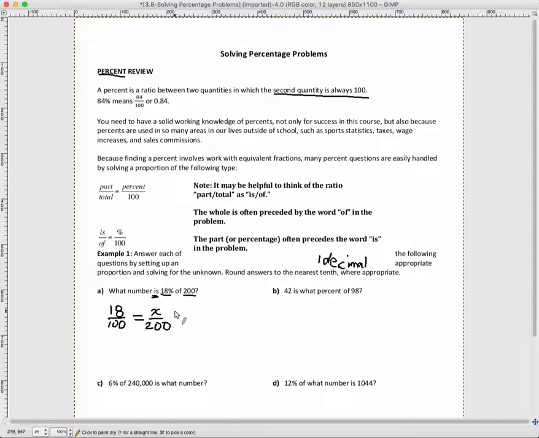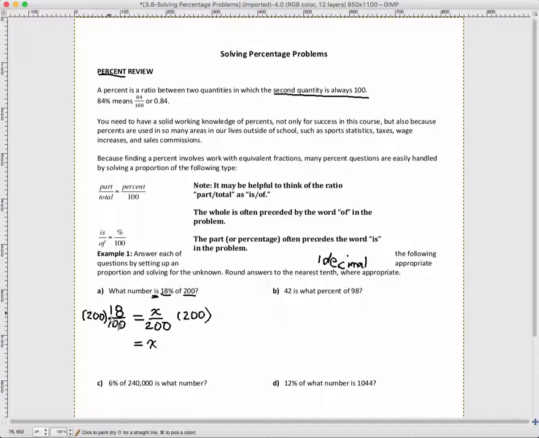Let's use our understanding of how to undo or reverse operations to solve for x. Looking at this, I have x divided by 200, so I would want to multiply both sides of the equation by 200. On the left-hand side, x divided by 200 multiplied by 200 is going to leave me with just x.